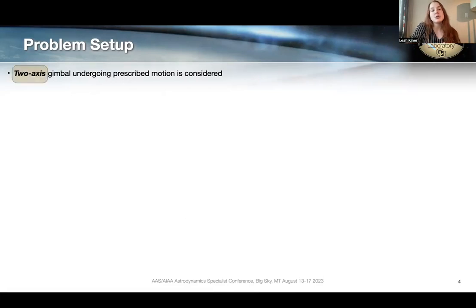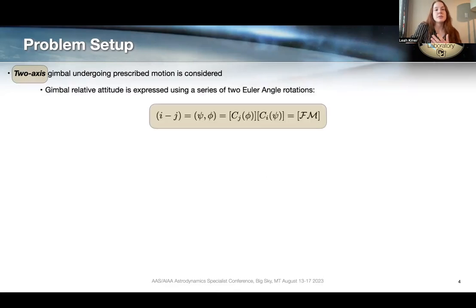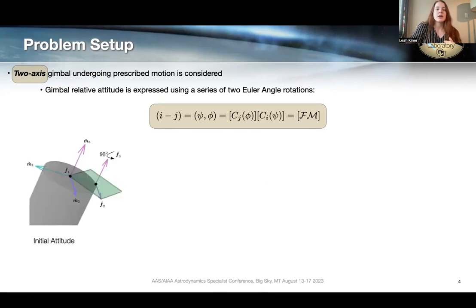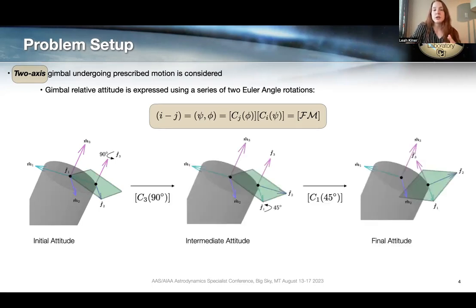So a two-axis gimbal is simply a gimbal whose attitude relative to the mount frame is expressed using a series of two Euler angle rotations. First, when the gimbal is aligned with the mount frame, we take the gimbal through two sequential rotations.